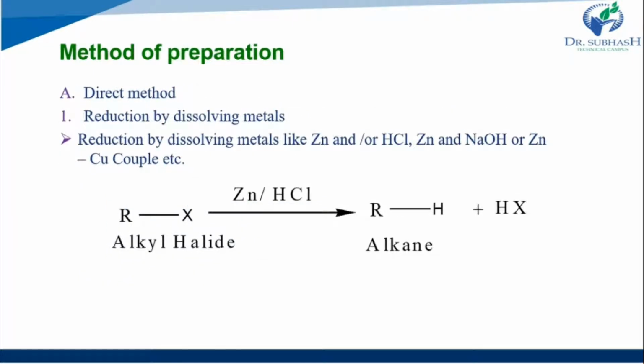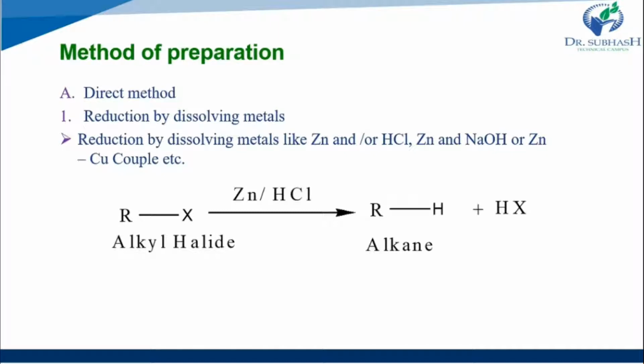In the direct method, the first method is reduction by dissolving metals, such as zinc with HCl, NaOH, and zinc-copper couple.